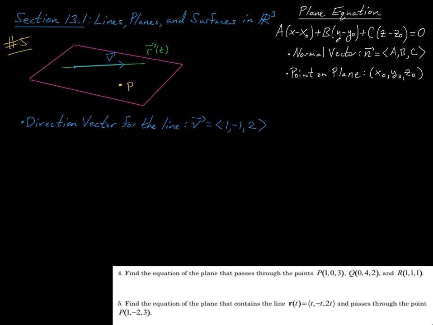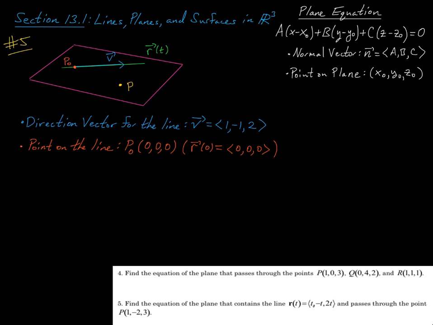Okay, so then what's another vector that's parallel to our plane? Well, I'm going to build that by just choosing a point on the line, and I can choose any point on the line. I'm going to go ahead and choose the point P0 with coordinates (0, 0, 0). And why do I know that this point is on the line?